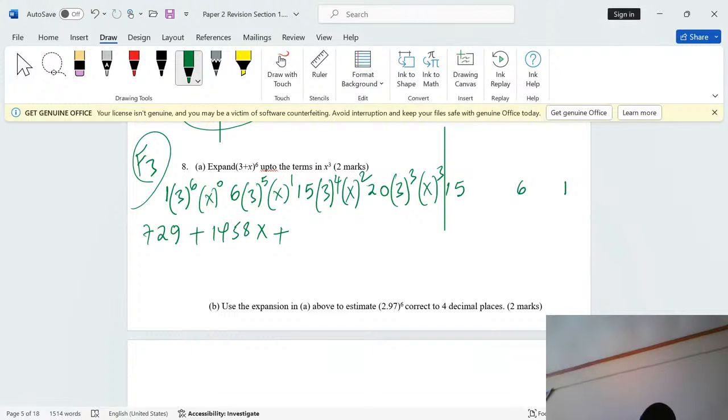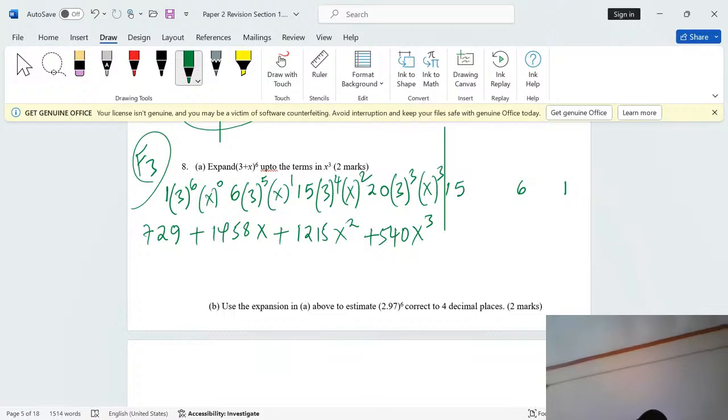This is 81 multiplied by 15, that is the coefficient. We're going to get 1215 and x is to power 2. Then we add 3 power 3, which is 27, multiplied by 20. That gives us 540. Then x is raised to power 3.